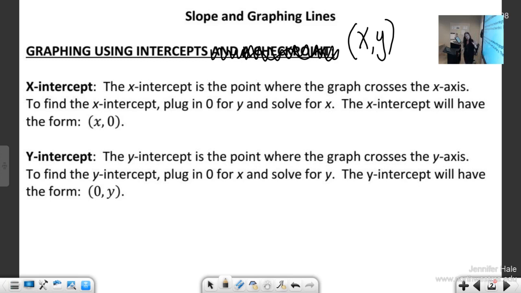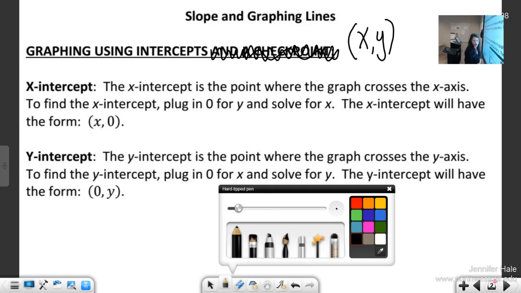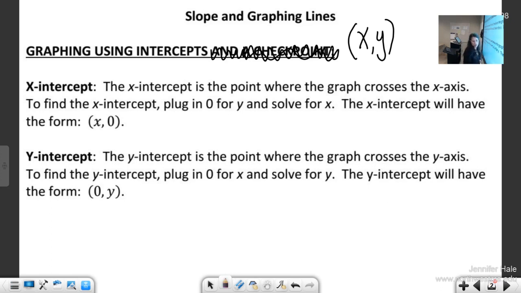I gave you this definition of what an x-intercept is and what a y-intercept is, but really quick, let's look at a picture of what that looks like. You don't have to draw this, you don't have to write this, but everybody look. You all know the x-axis runs this way and the y-axis runs vertically.